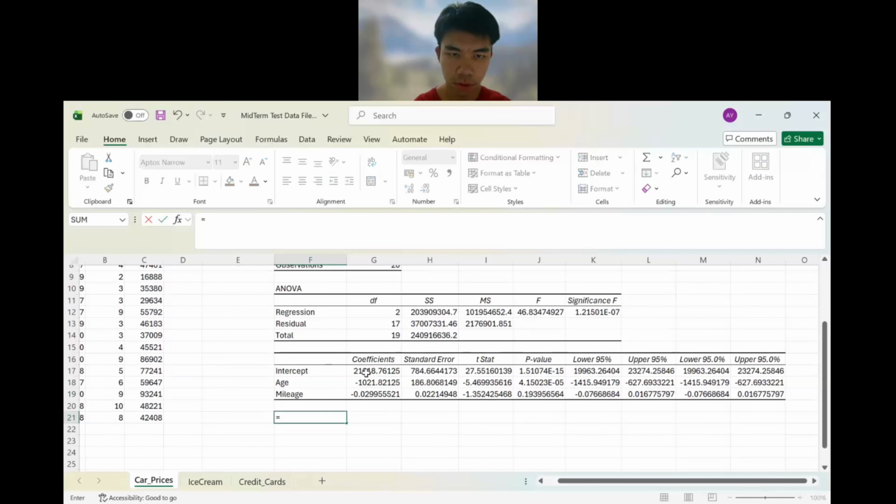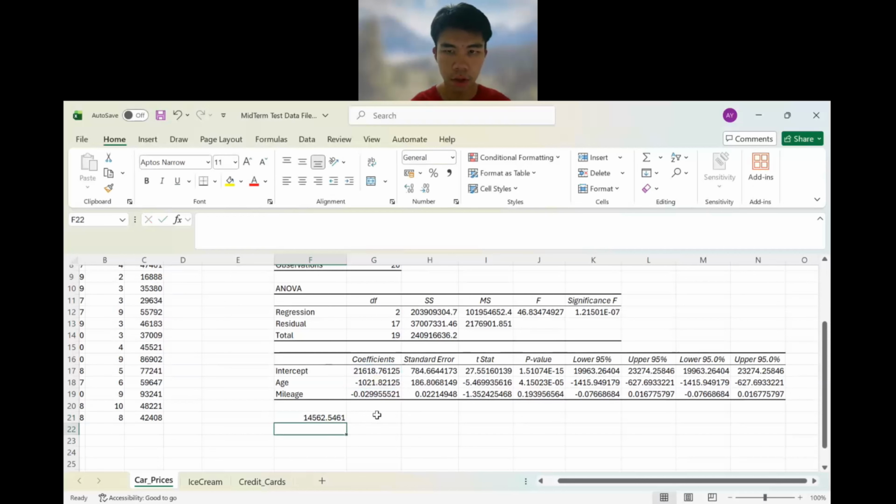First, we take the intercept amount, which is 21,680.76, plus the coefficient of the age multiplied by the age, which is 5 years, and then plus the mileage coefficient, which is negative 0.02995, multiplied by the car mileage.